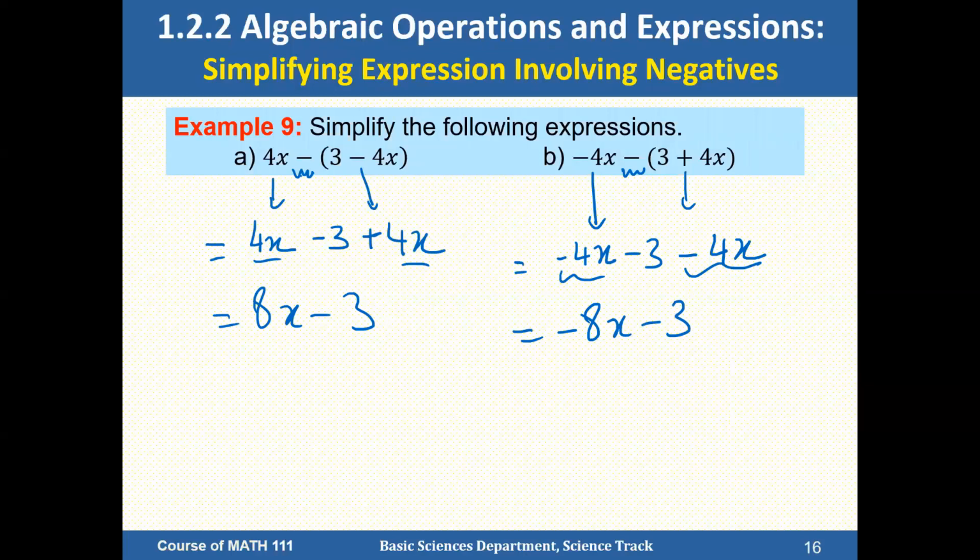So these are examples where we have minus and we have parentheses. So be careful. All signs are changed. Why? Because I have minus in front of the parentheses.